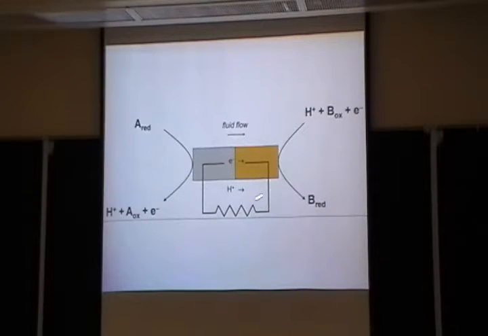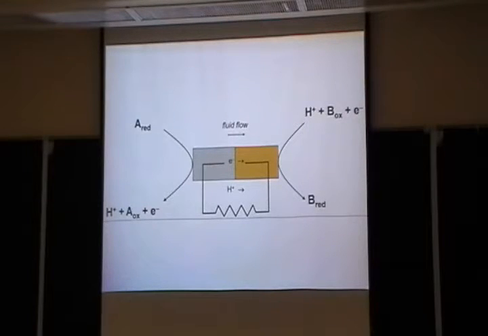And then you have electrons go through and protons outside. By the way, this is a proton gradient driven motor. And if you think about biology, the whole biology runs on proton gradients. This is Mitchell's contribution.